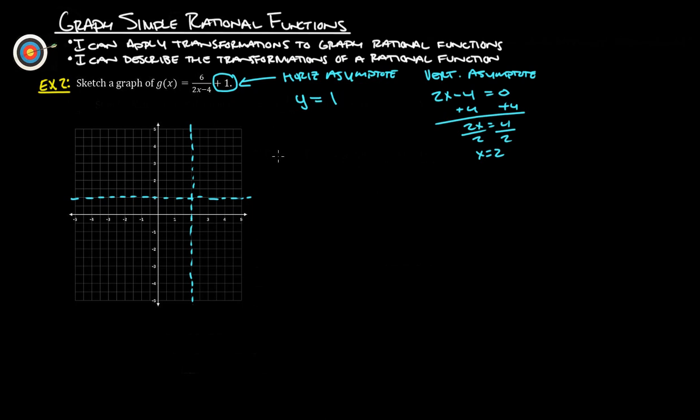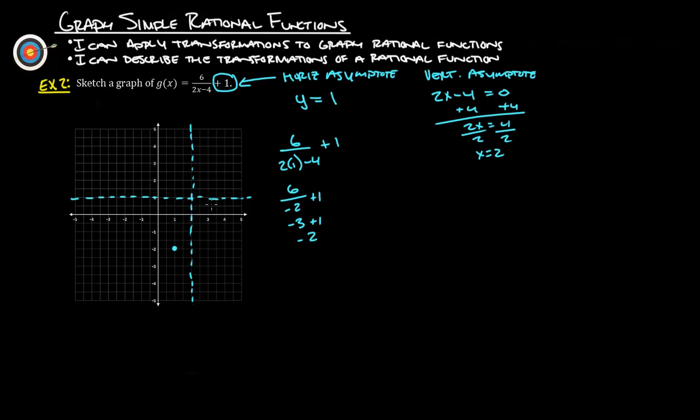Let's plug in 1 and see what happens. So 6 over 2 times 1, minus 4, plus 1. So that's 6 over 2 minus 4, 6 over negative 2. So it's negative 3 plus 1 is negative 2. So at 1, we are at negative 2 here.